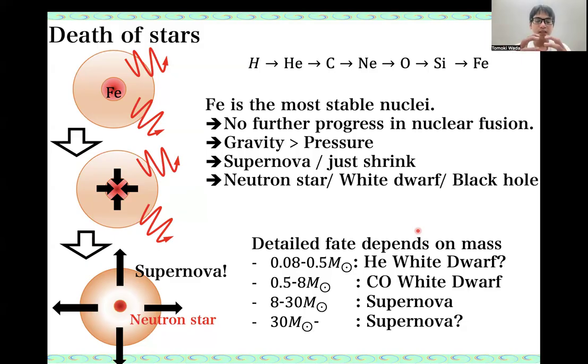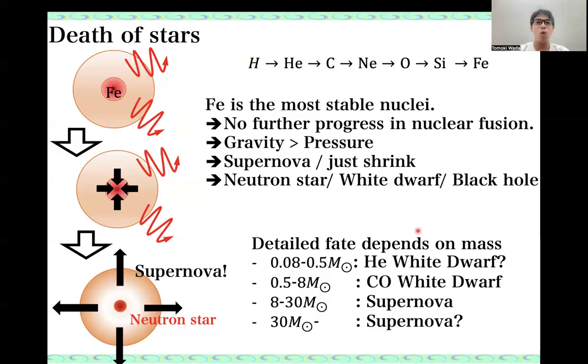Then it emits energy and temperature decreases. And at last, pressure becomes weak and gravity becomes stronger than pressure, and it shrinks. But in this case, there are no other nuclear fuels. So it just shrinks. And at some time, it shrinks and emits wind. Or it just shrinks and bounces.